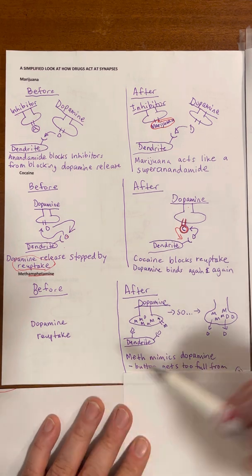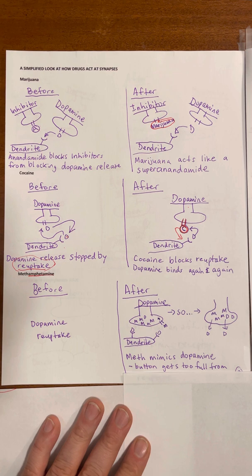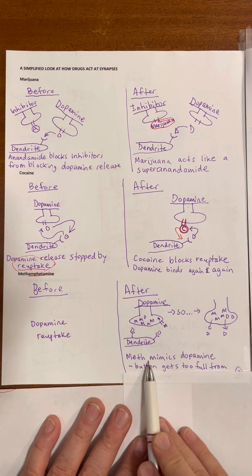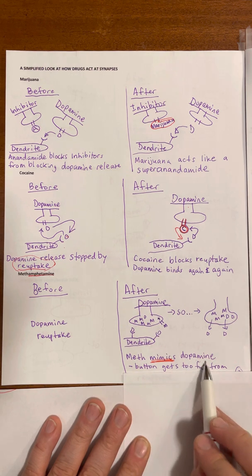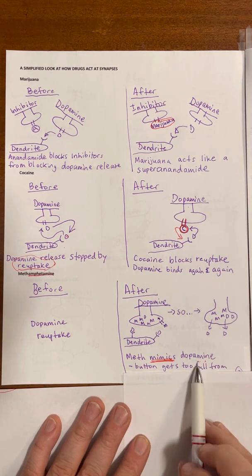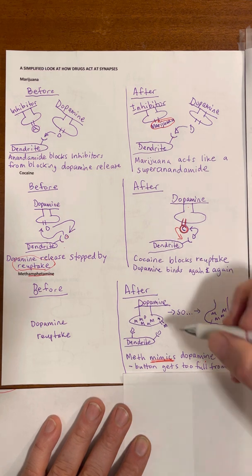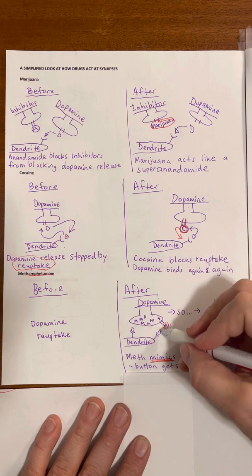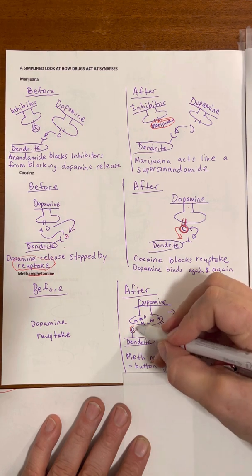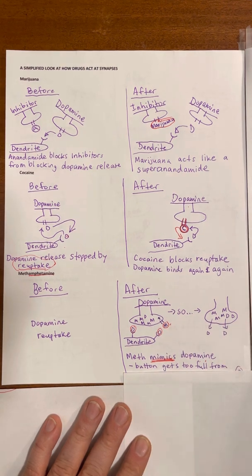The reuptake process is supposed to happen again, except that the way it gets interrupted is that the methamphetamine is going to mimic dopamine. That's important for the reuptake part, right? So what's going to happen here is now you've got methamphetamine in the synaptic cleft in addition to dopamine being in the synaptic cleft.